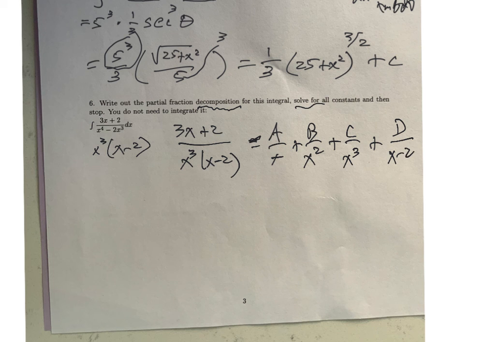And then we equate numerators. Well, I use the least common denominator. I get 3x plus 2 on the left, no problem there. Then A is already over one of the x's. He needs the other two, as well as the x minus 2. B is over two of them, needs the third one, and the x minus 2.